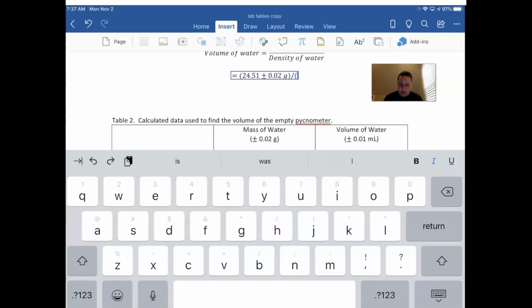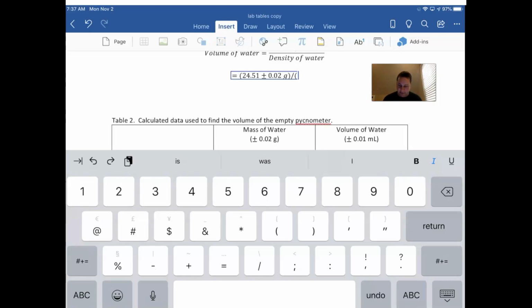And the density of water, I don't really remember what it is, and I'd have to pull up the spreadsheet, so just bear with me on this. I'm just going to make up a number, okay? So this likely isn't correct, but that's fine for this. Whatever it was, 0.9998 or something, fine, good enough.